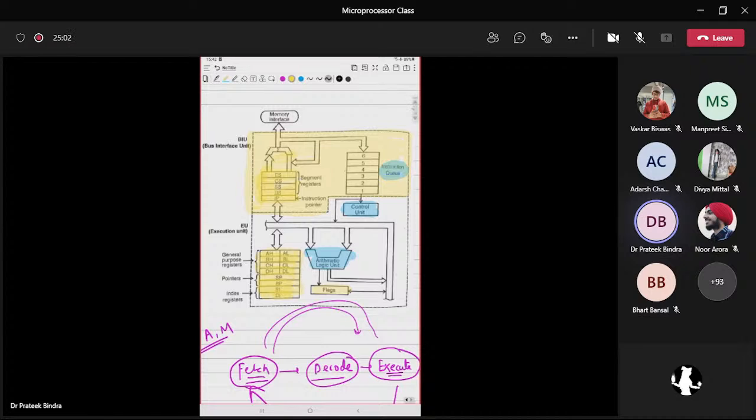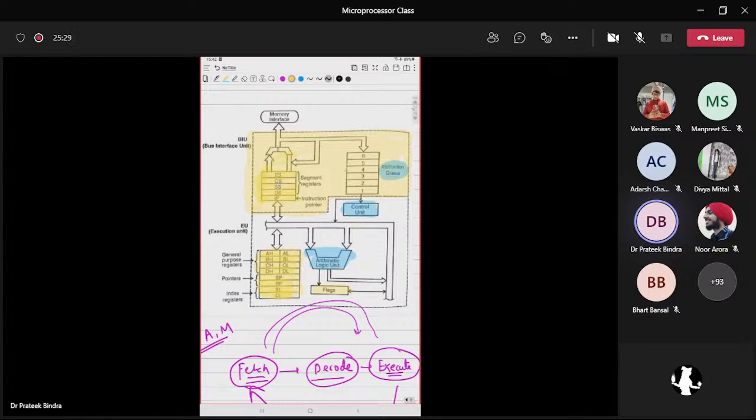But then the question can be asked: why are ES, SS, and DS there? If my work is just to read the program, what is the need for ES, CS, SS, and DS? The reason is that we have devoted our code segment to just the program, but it is not compulsory that all the program has to be written in the code segment.